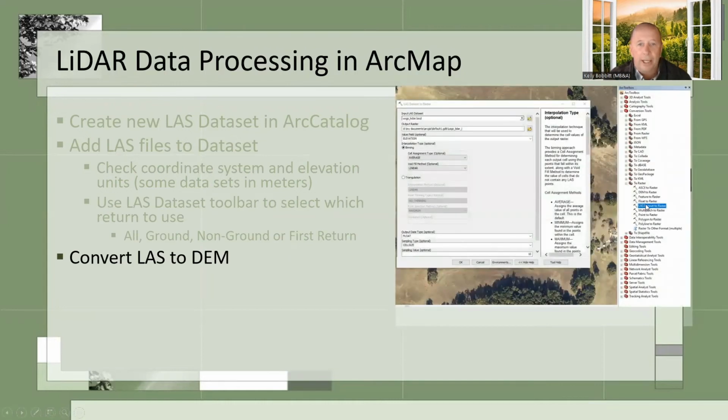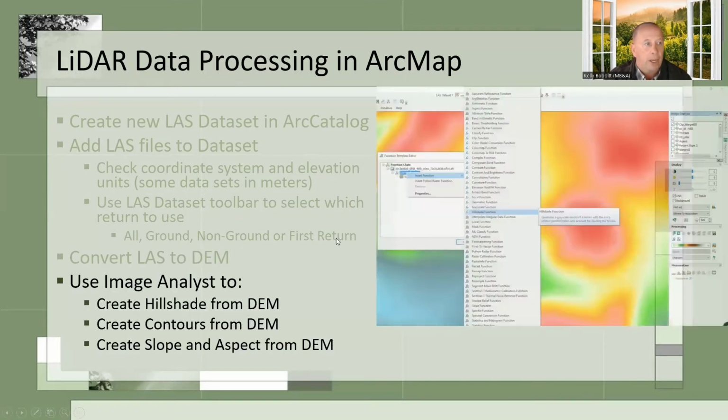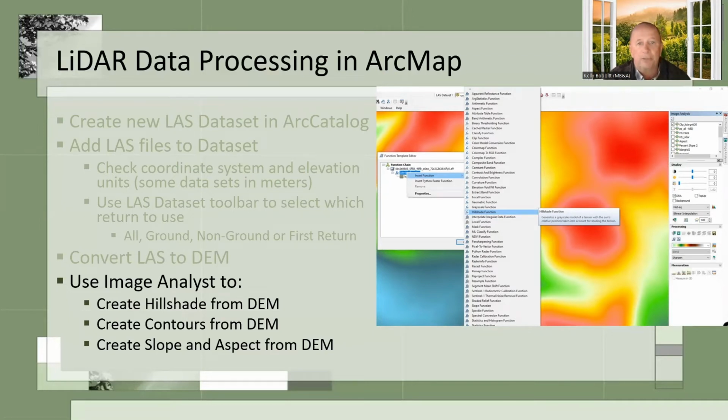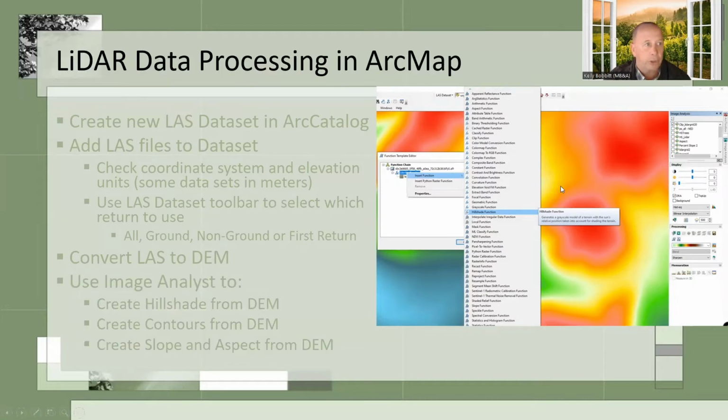Once I've set that, then I can convert the LAS into a DEM. And down here, I can decide what resolution I want to make that DEM. From this, I go ahead and use Image Analyst to create hillshades, create contours, create slopes and aspects from the resulting DEM. So these are all the pieces that I use.